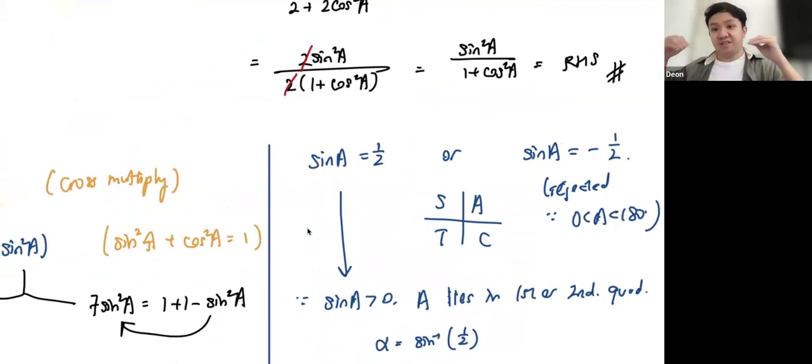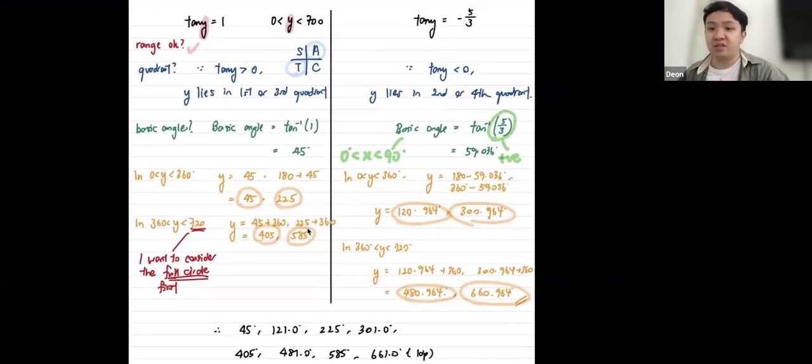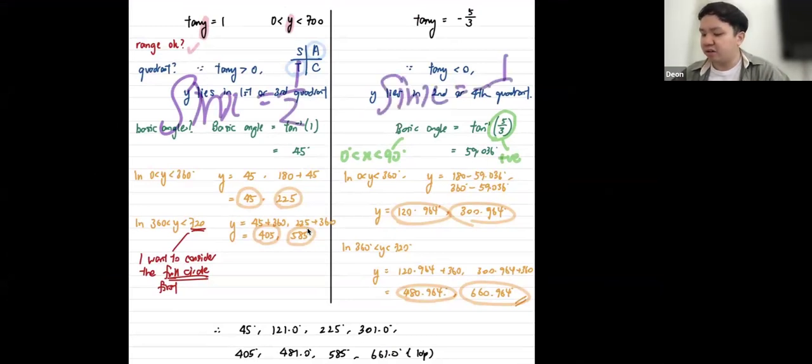That is me doing a shortcut, a short method. If you don't understand that, you can go ahead and do it like our previous question, just do two parts. On the left, I do sine x equals half. On the right, I do sine x equals negative half.